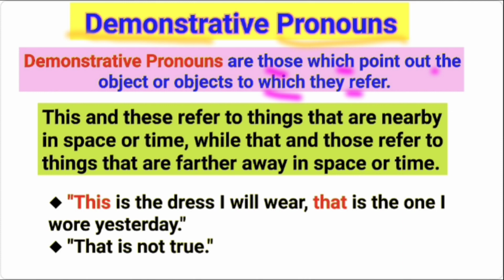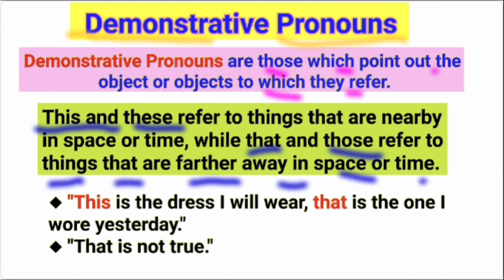This and these refer to things that are nearby in space or time, while that and those refer to things that are farther away in space or time. Students, these four, this, these, that, and those, are demonstrative pronouns.